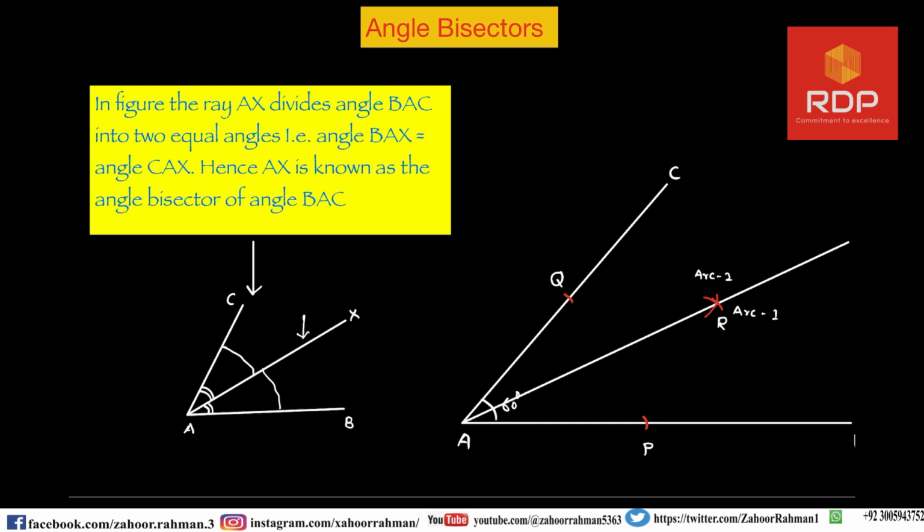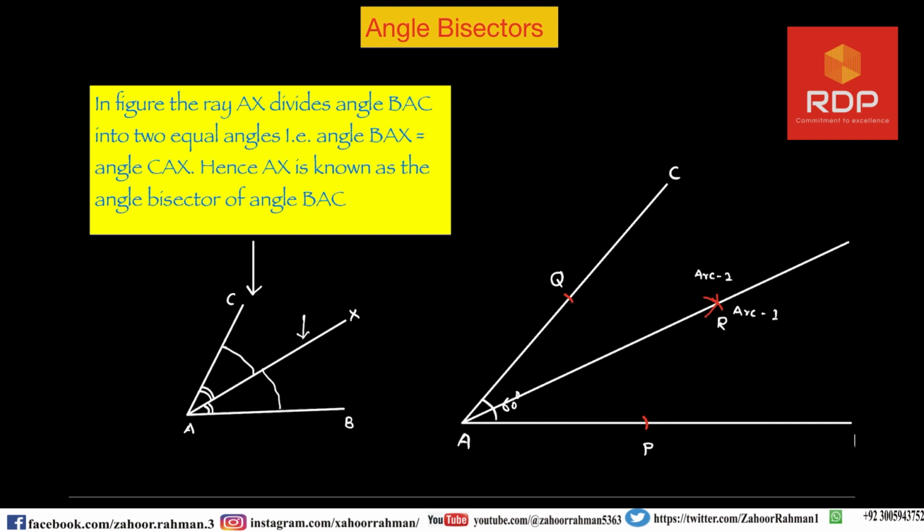Whenever you are hearing, dear learners, the name bi, it means it is dividing the angle into two equal parts. If it is intersection, then it is not mandatory that the line will divide the angle into two equal sections.